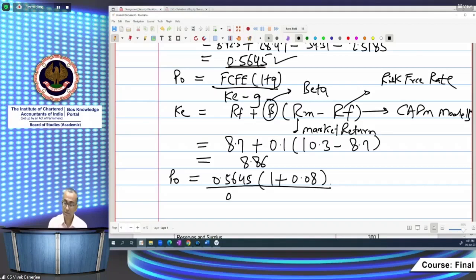It is 8.86%. Minus growth rate. Let us calculate it.